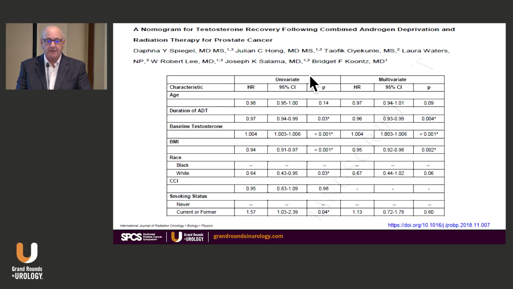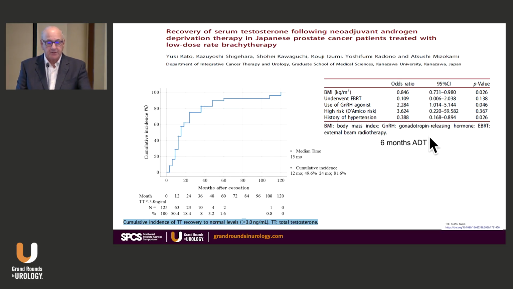There's another study that looked at androgen deprivation following radiation therapy, and you can see what sticks here is duration of ADT and baseline testosterone. Same story. Here's a Japanese study comparing 6 months of ADT to no hormonal therapy. What's significant? Again, only this one, the use of an agonist.